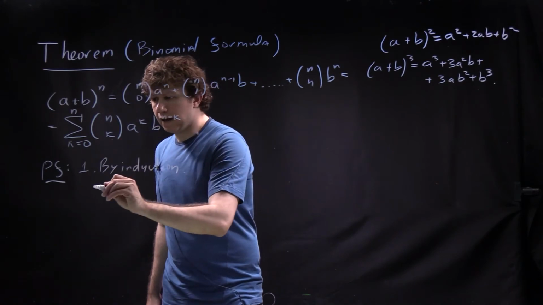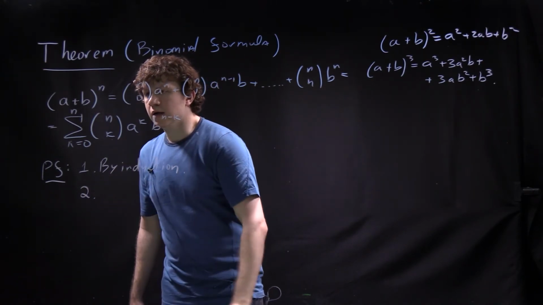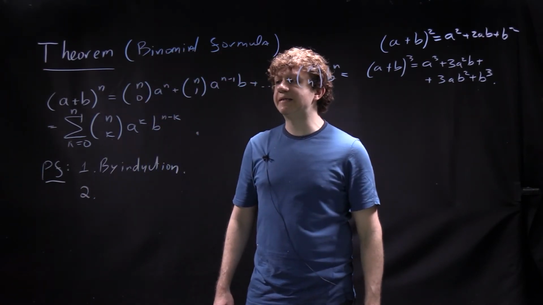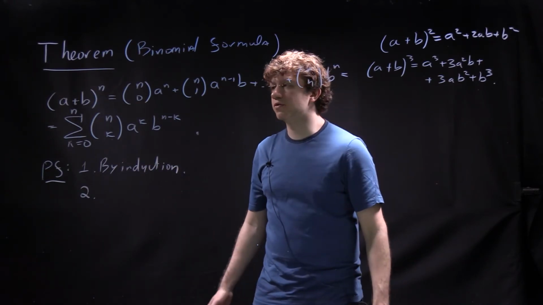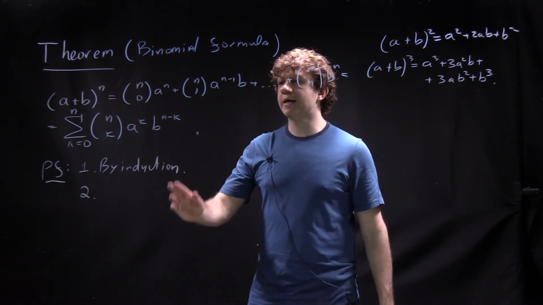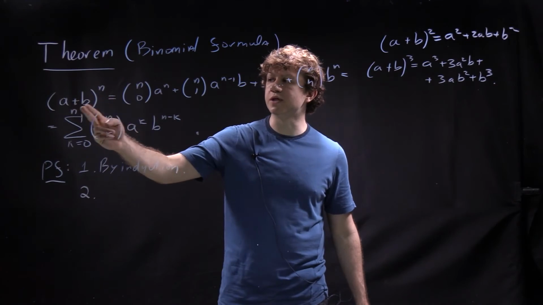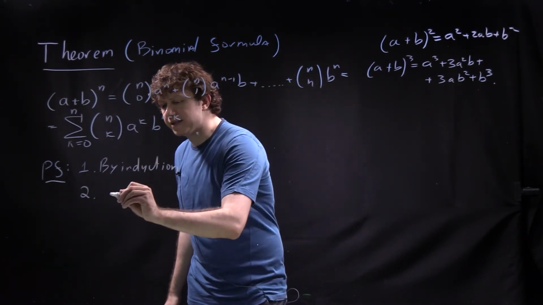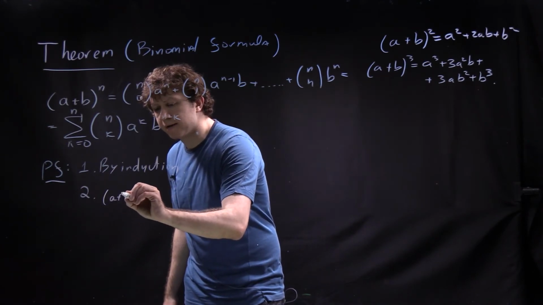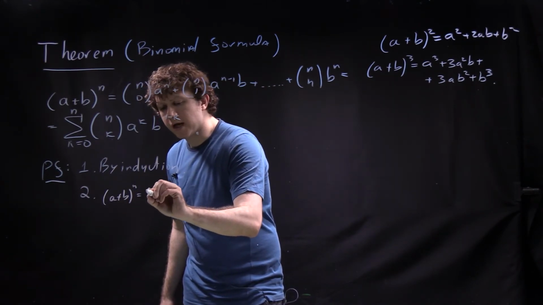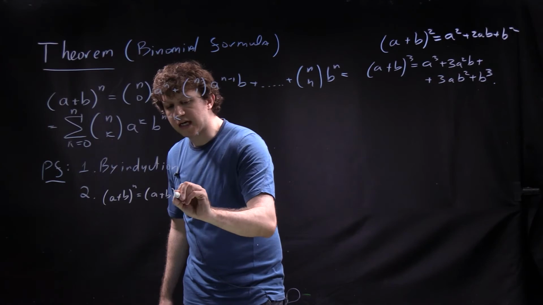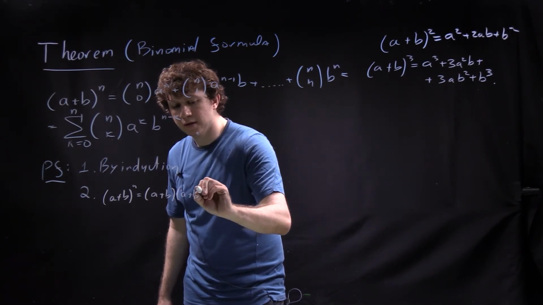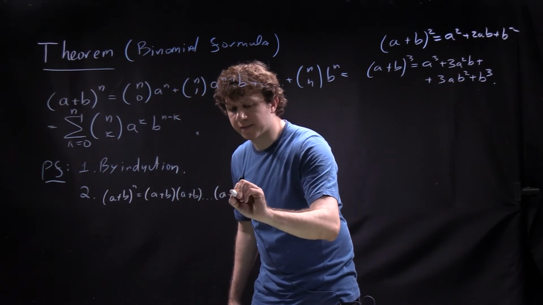Maybe more conceptually, let's at least see where this comes from, because there should be some reason, right? So why is the number of subsets related to opening these brackets? Let's just write down (a+b)^n as a product, (a+b) times (a+b) times (a+b), n times.